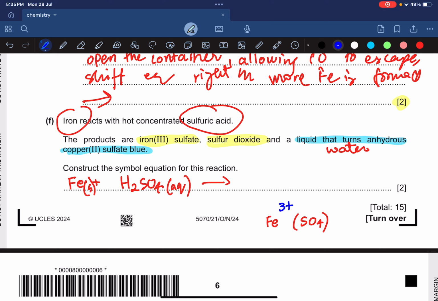And the charge on sulfate is 2 negative. This 2 negative comes underneath iron, and this 3 comes under sulfate. So it's going to be written like Fe2(SO4)3. And the next thing we're going to form is sulfur dioxide, which is SO2 gas, and we're going to form water, which is H2O.